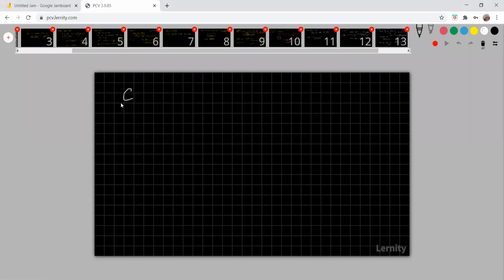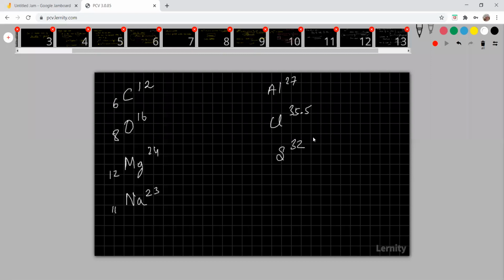So you have C 12, O 16, Mg 24, sodium 23, Al 27, chlorine 35.5. Then you have sulfur 32, like this. So for certain atoms alone, it is necessary that you remember the mass. Not only sodium, also potassium, calcium.